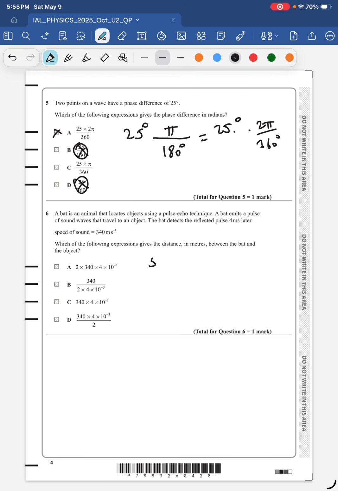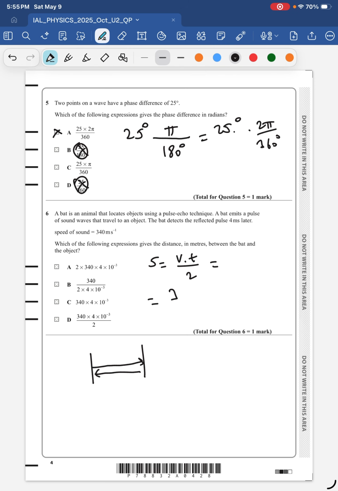Okay, we're gonna use s is v times t, but we will have to divide by 2, right? Because the bat will send a pulse to the object, and then that pulse is gonna bounce and travel back, okay?